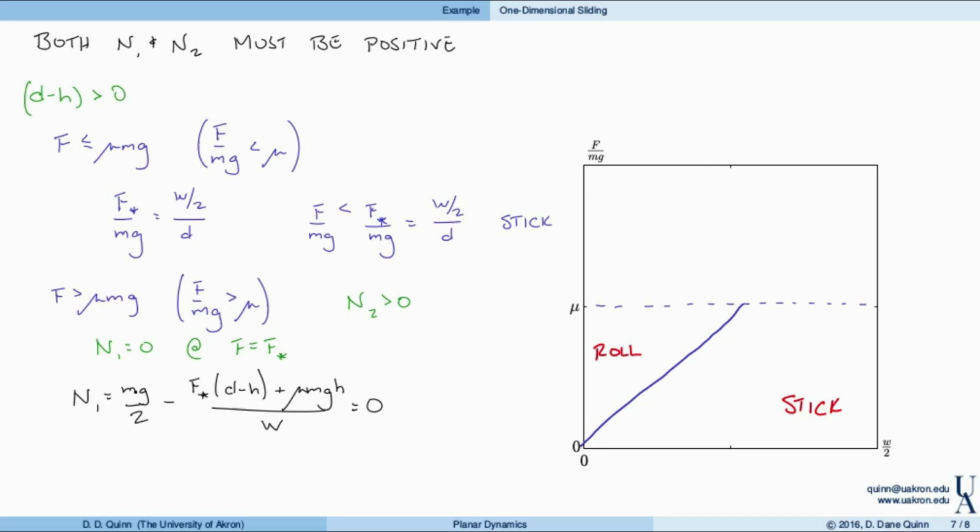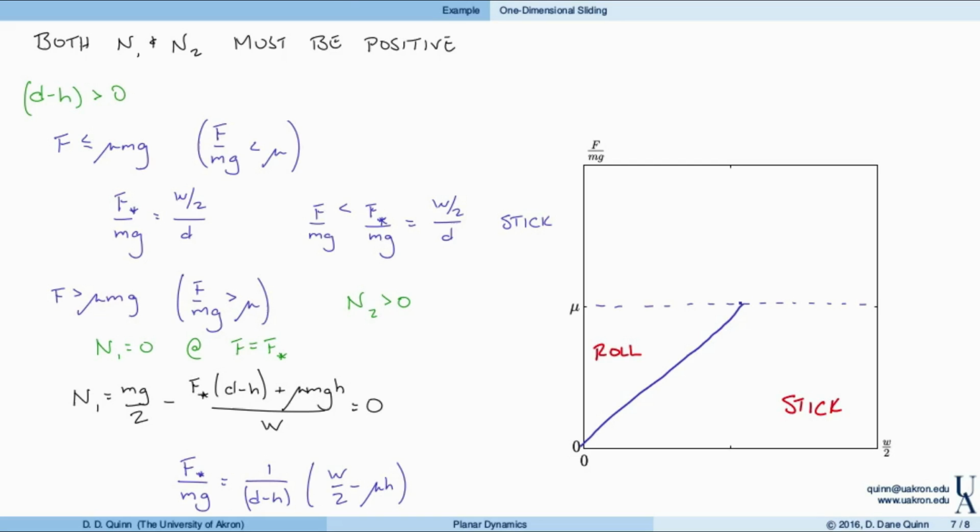Solving this equation for F star, we can solve for F star over mg, which is equal to 1 divided by (d minus h), there's that quantity again, times (w over 2 minus mu times h). Now, if I plot this value of F star over mg as a function of w over 2, again it's a straight line, but it doesn't pass through the origin because of the mu h term.